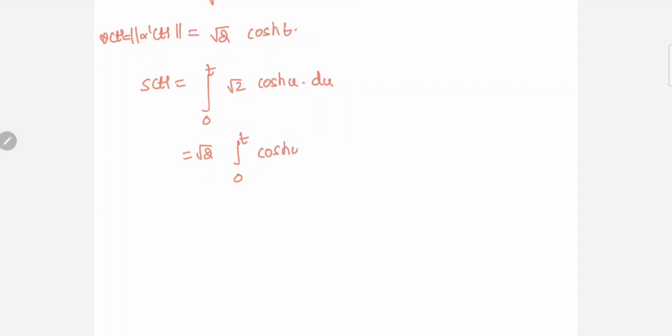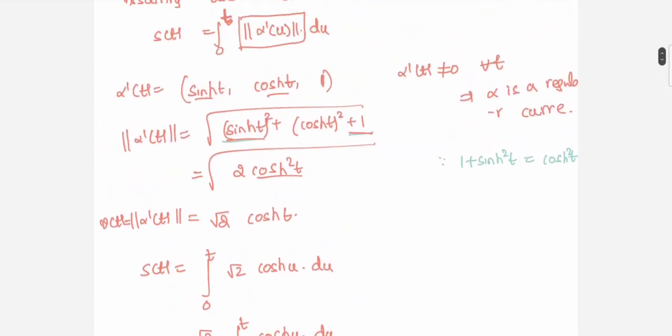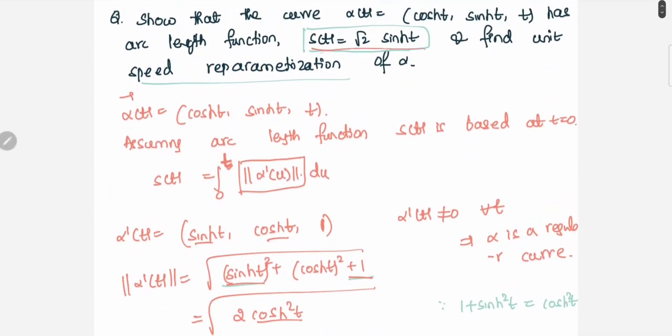The integration of cosh u is sinh u, and applying the limits 0 to t, this is sinh t minus sinh 0. As sinh 0 is 0, this gives root 2 sinh t. Therefore the arc length function s of t of the curve alpha of t is root 2 sinh t. So this is what we had to show.